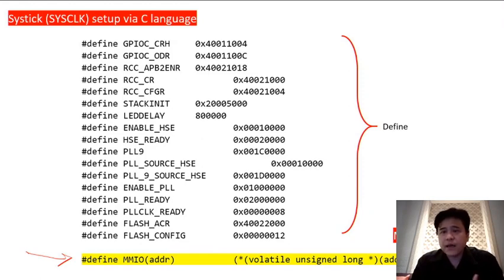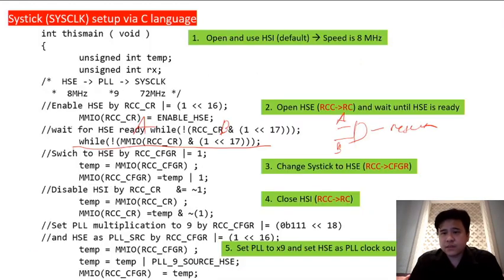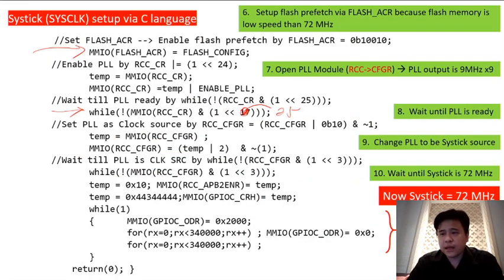Then by linking everything together, we can generate the output like in the examples that I gave you last time, where I define everything in C and then step by step change the speed of your CPU from 8 megahertz to 72 megahertz. That is what we talked about last time.